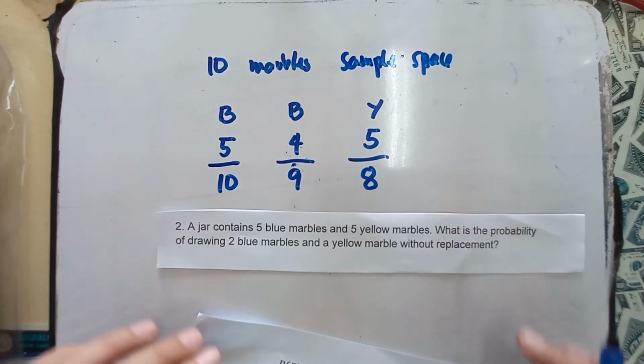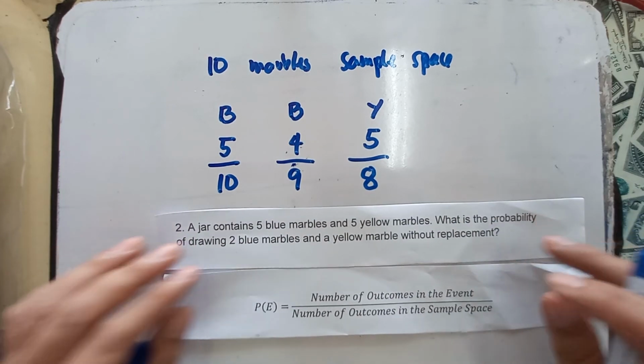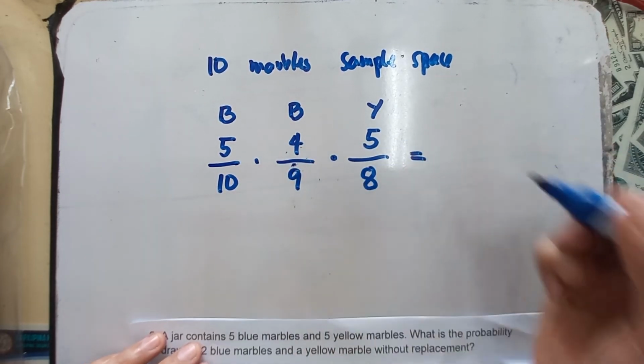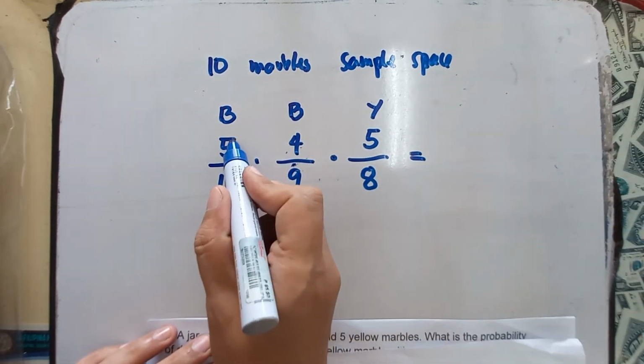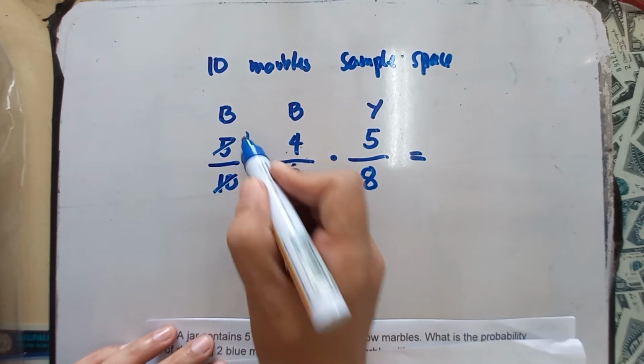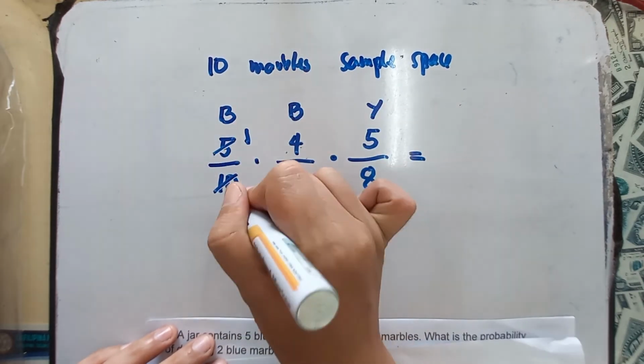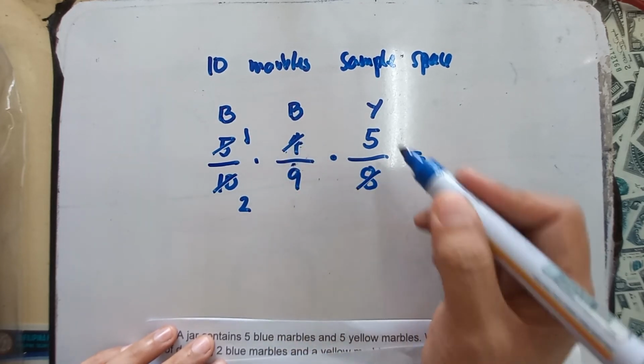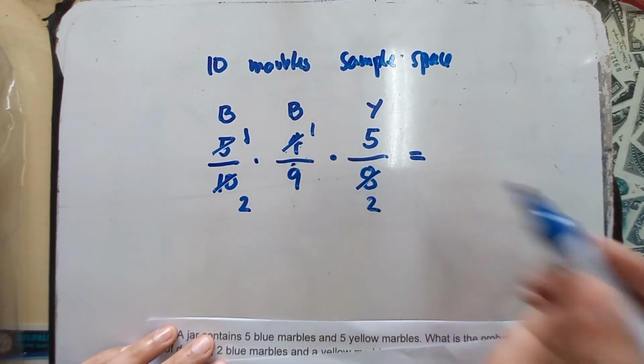Now, to get the probability, you are going to multiply this. Okay? So in multiplying, you can reduce this one. 5 divided by 10, that's 1 over 2. You can also reduce 4 divided by 8, that's 1 over 2. Okay?